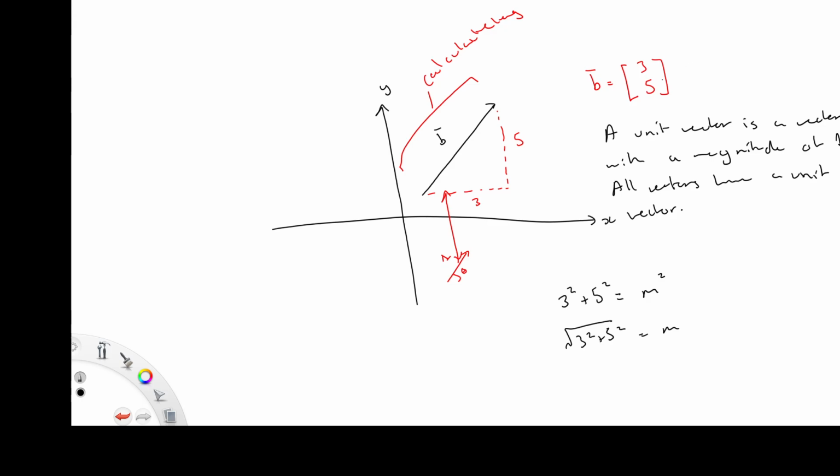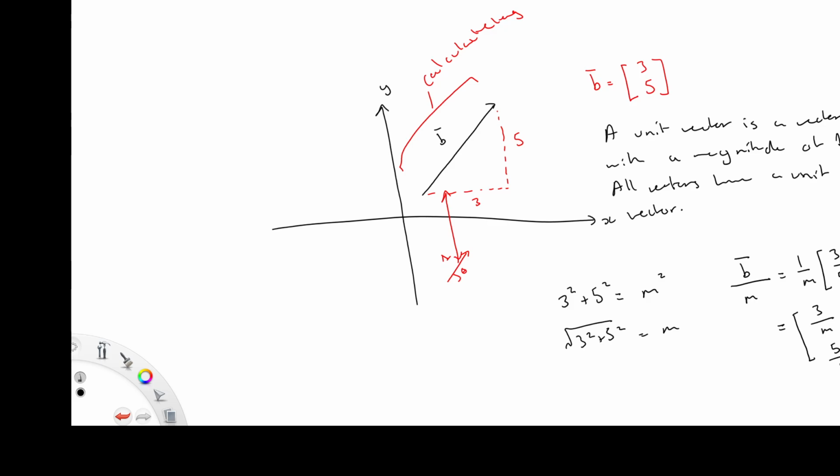And then you have to do b dash divided by the magnitude, right? When you divide it by the magnitude, it becomes 1 over m multiplied by 3, 5, which is equal to 3 over m and then 5 over m.